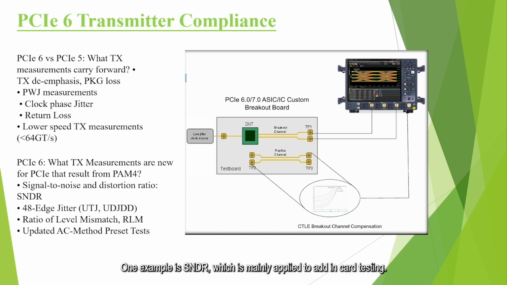One example is SNDR, which is mainly applied to add-in card testing. Most importantly, RLM is introduced in Gen 6 because PAM4 produces 3 eyes. It is critical to maintain consistent proportions among the 3 eyes. Therefore, RLM is measured to ensure the eye levels remain balanced.